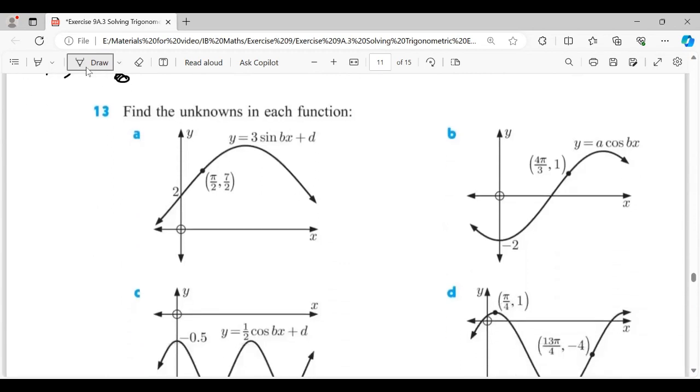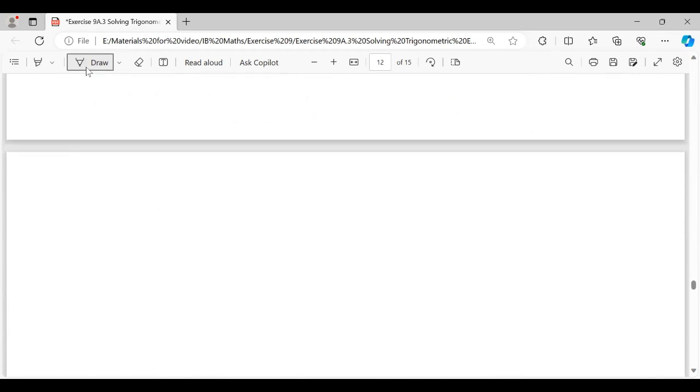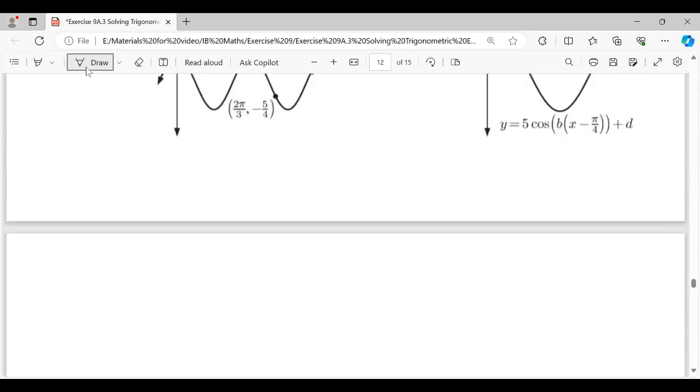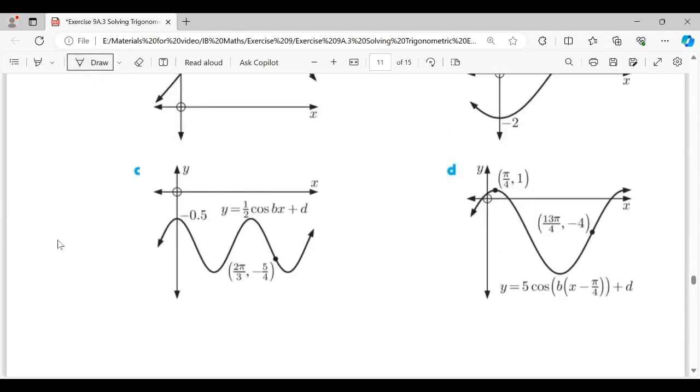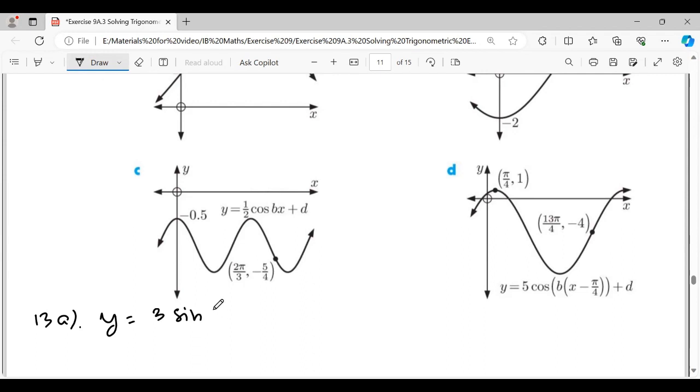Let's go and find the unknowns in each function. A, y equals 3 sine bx plus d. In A, y equals 3 sine bx plus d.